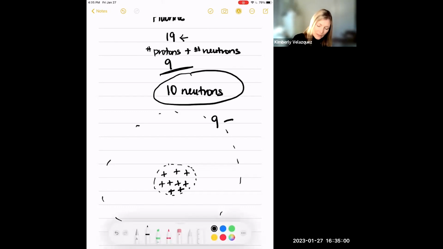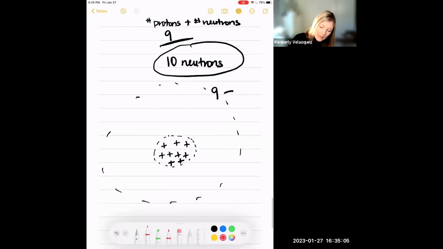So that means in the nucleus, there are going to be 10 neutrons.